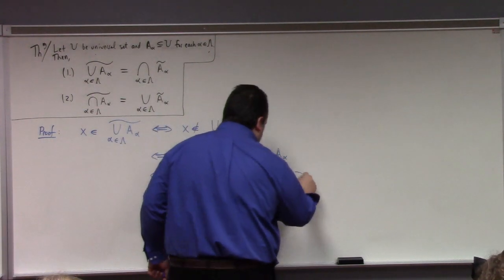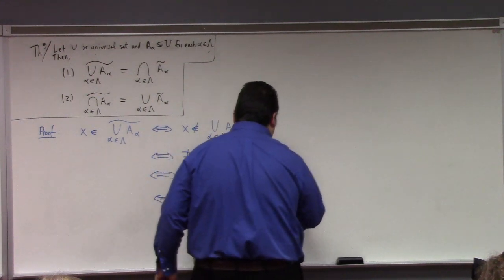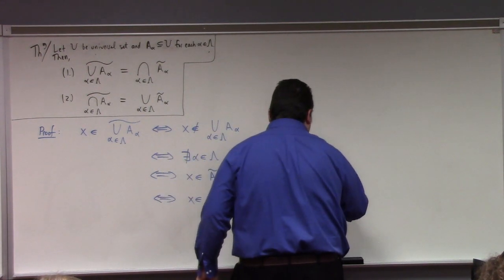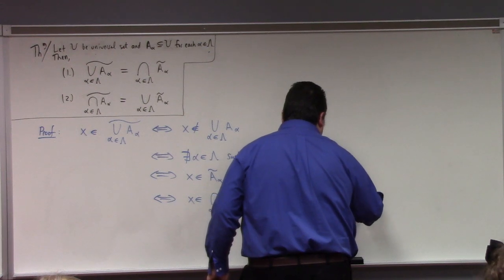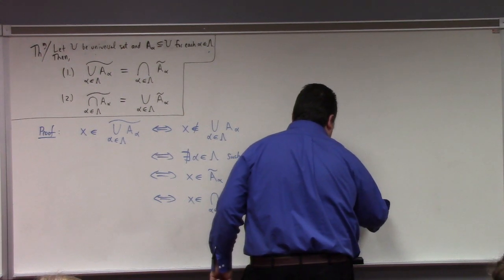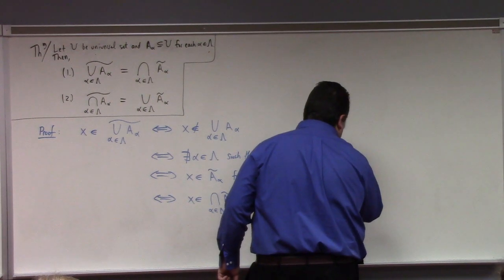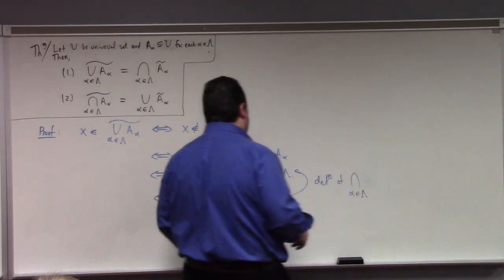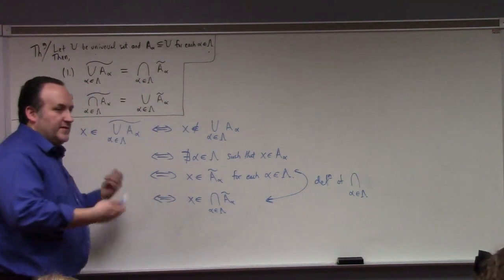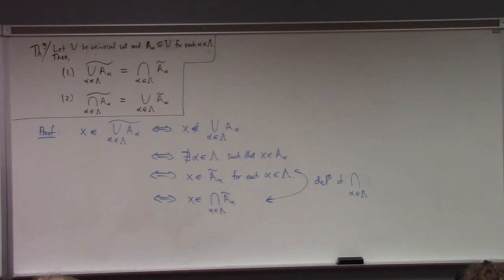So, just to be clear, going from here to here, back and forth, is the definition of the intersection over alpha in lambda. That's the logical connection between those last two steps.